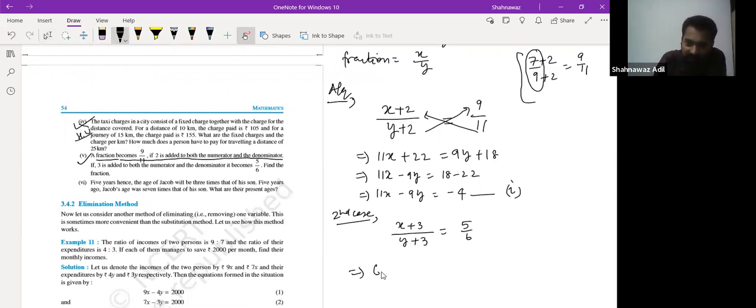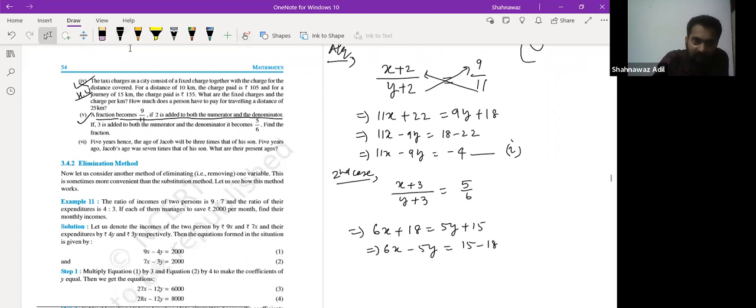This will be 6x plus 18 and 5y plus 15. So 6x minus 5y is 15 minus 18, so 6x minus 5y is minus 3. This is the second equation, and we have to solve this equation and the first one.